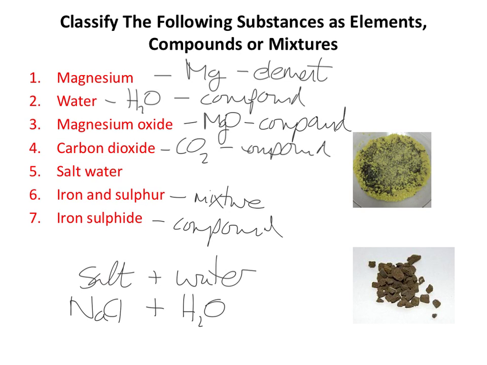And when the salt dissolves in the water, the salt particles just break up. So we've got sodium floating around, chloride floating around in amongst the water. So what we have there is a mixture. Okay, we've got a mixture of sodium chloride and water. And that concludes this second video on elements, compounds and mixtures.